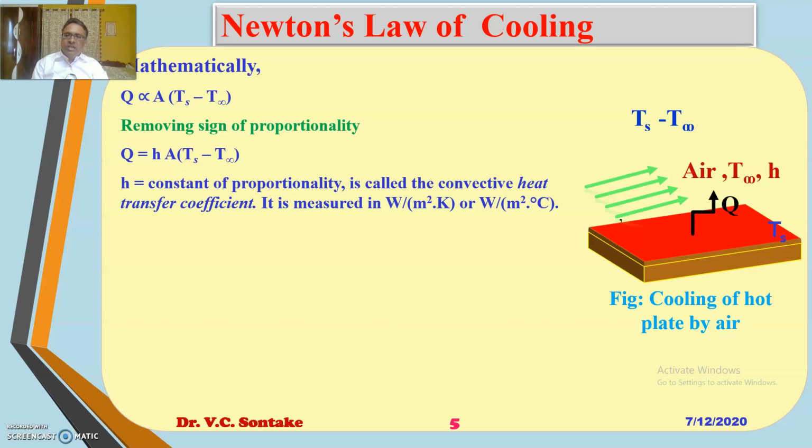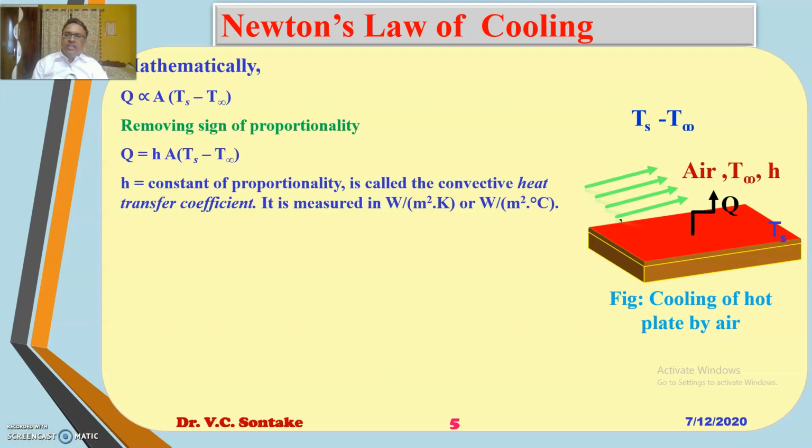Now here please remember one thing. Whether you take watt per meter square Kelvin or watt per meter square degree Celsius, the value is not going to change because to calculate the units of h, we are taking a temperature difference.